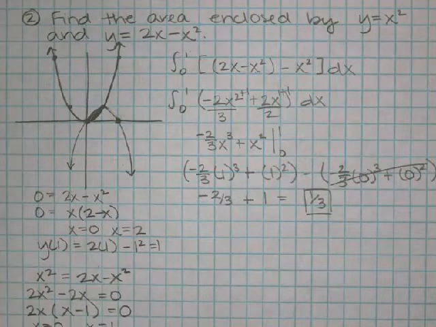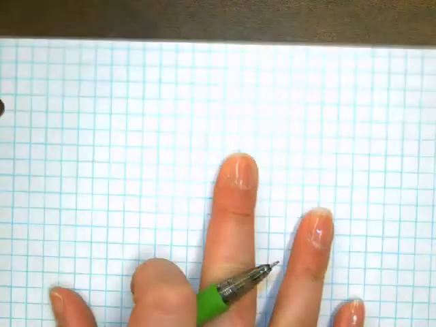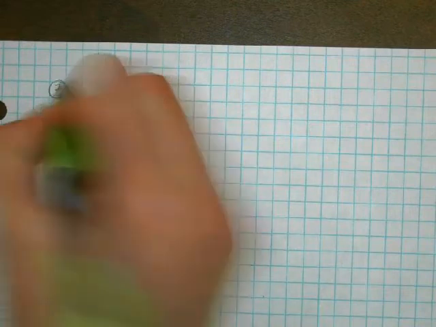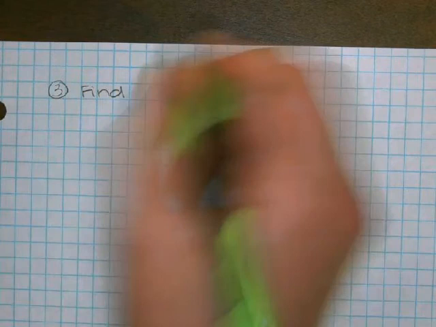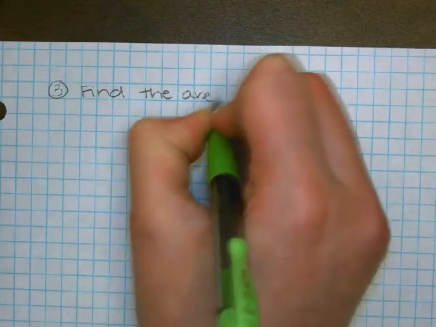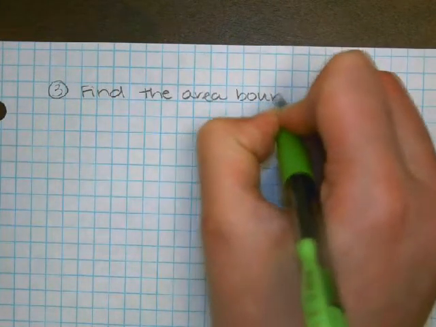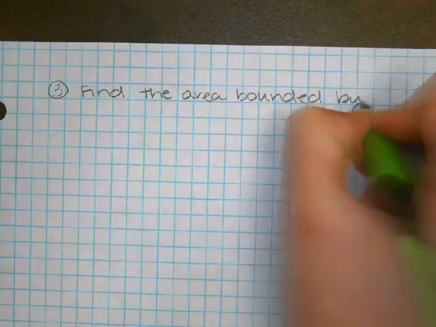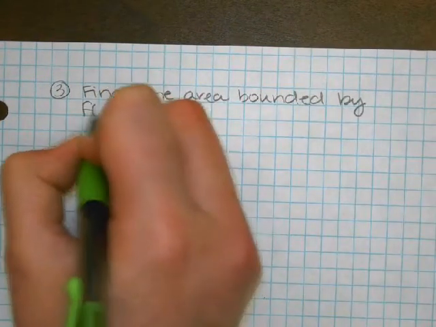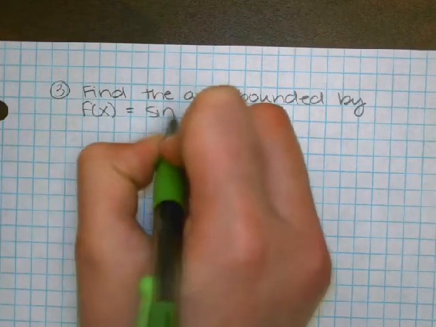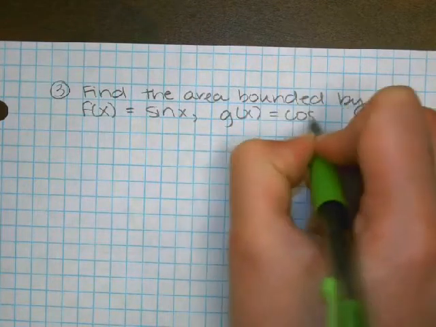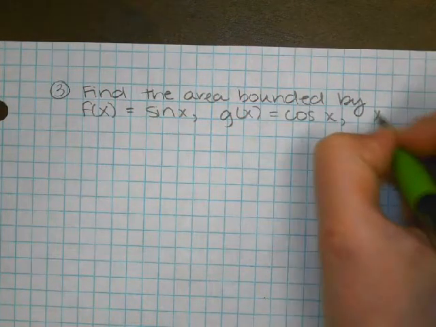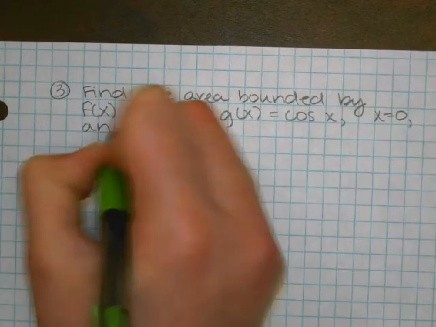All right, of course we have to do one with trig. You know, it doesn't pay to be scared of trig. You got to be okay with it. So for our third example, we're going to find the area bounded by f of x equals sine of x, g of x equals cos x, x equals 0, and x equals pi halves.